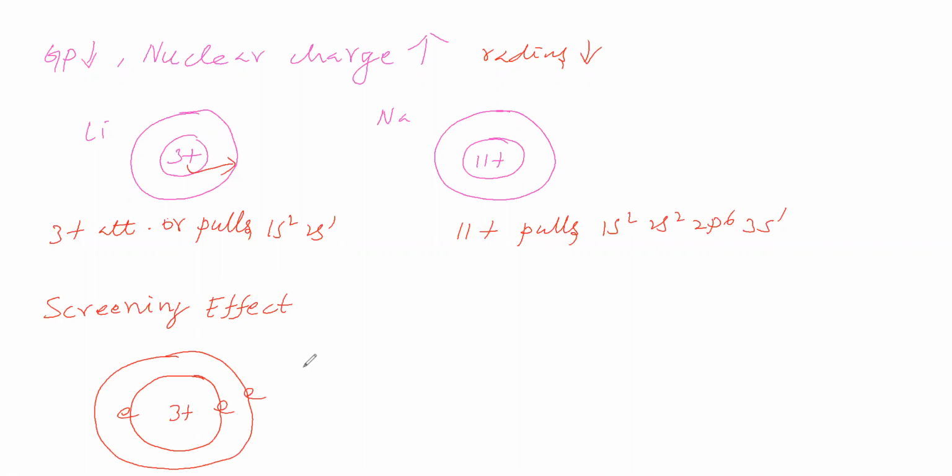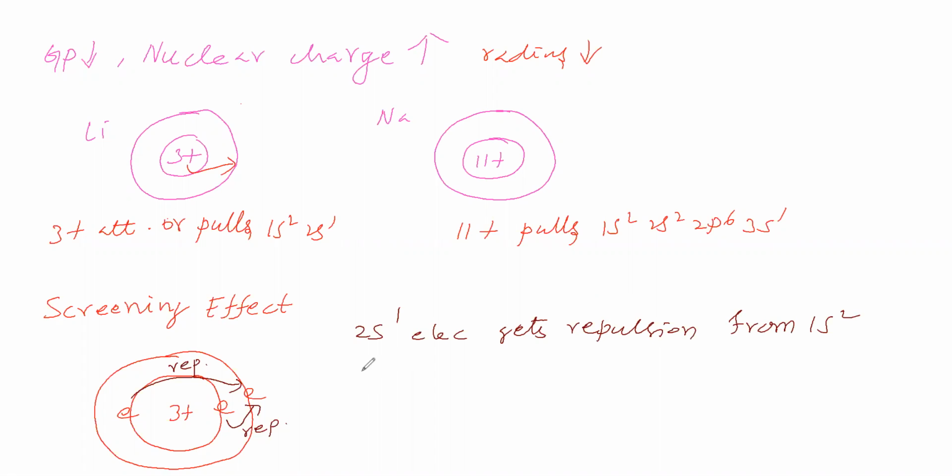This is the electronic configuration for lithium. Now this electron is repelling this electron. This electron is also repelling this electron. That means we can say the 2s1 electron gets repulsion from 1s2 electrons.